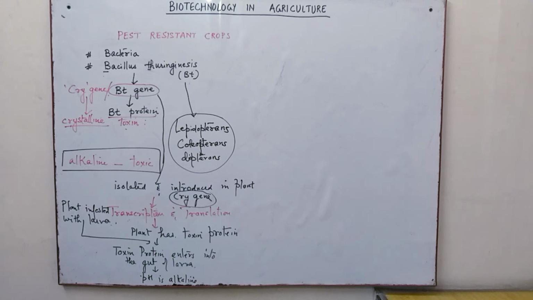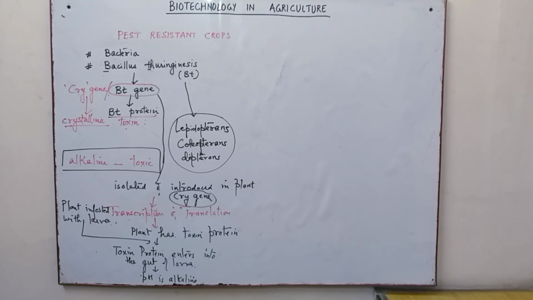The active toxin binds to the epithelial cells of the midgut and causes pores or perforations, thereby causing lysis of the cell and finally the death of the insect.